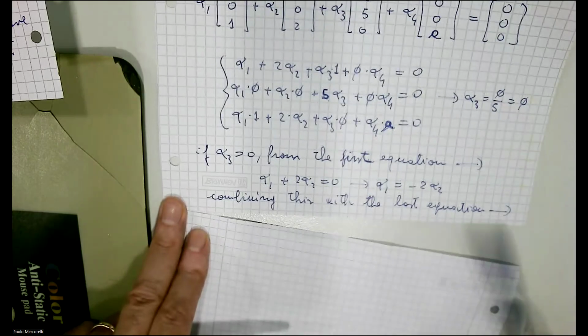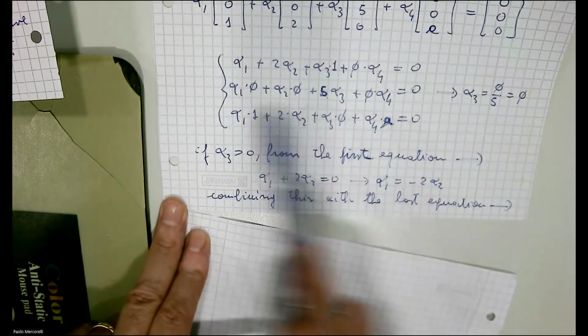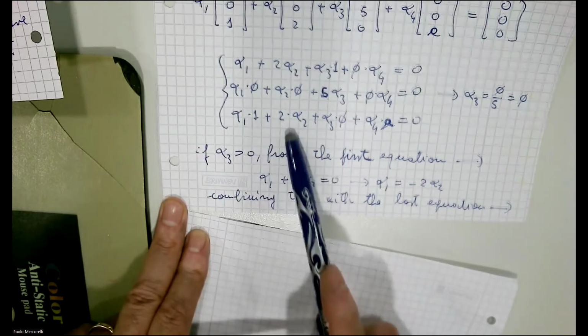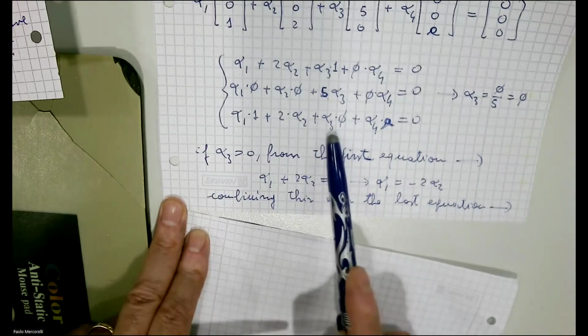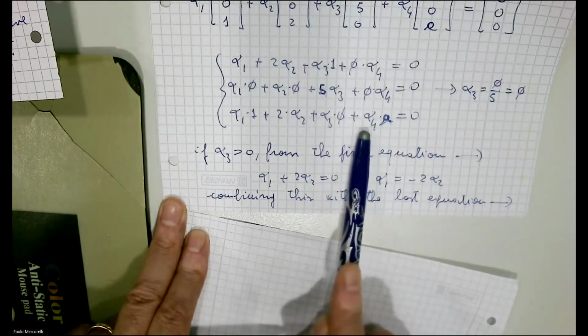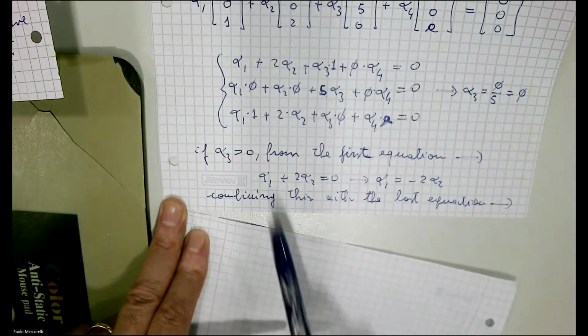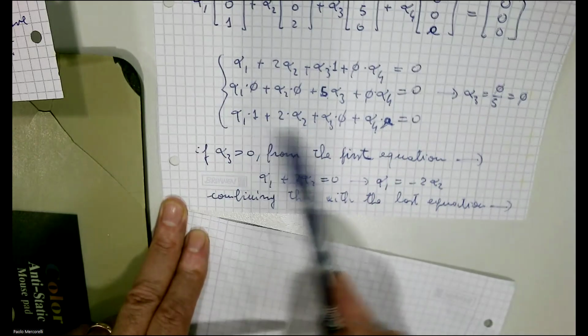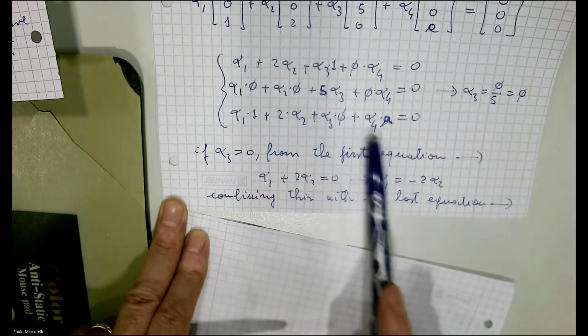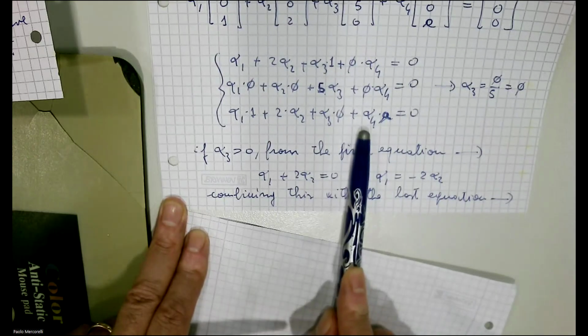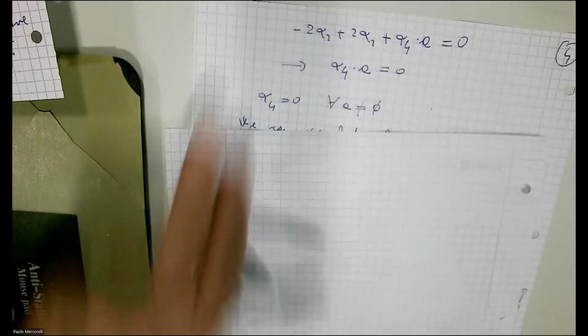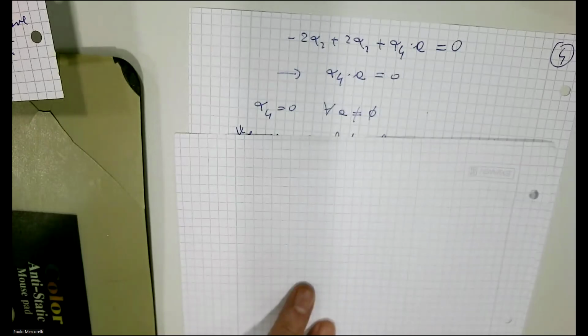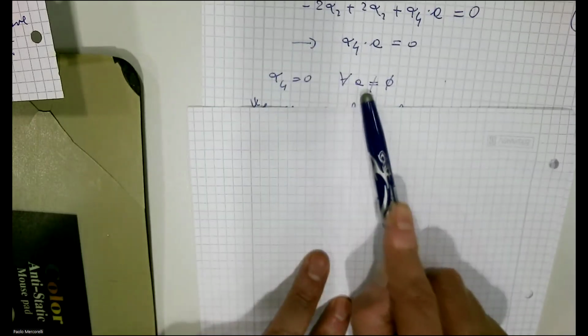Combining this with the last equation, which has alpha 1 plus 2 times alpha 2 plus 0 plus alpha 4 multiply r equals 0, we can see that alpha 1 plus 2 times alpha 2 is 0. This means also alpha 4 is 0, if A is not zero.